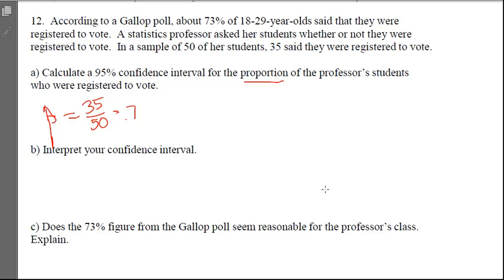Okay, so I take p hat, which is 0.7, plus or minus 1.96. And then I take the square root of 0.7 times 1 minus 0.7, that's q hat, divided by our sample size, which is 50. And from that I get the interval. I get my lower bound of 0.573, and then my upper bound of 0.827.